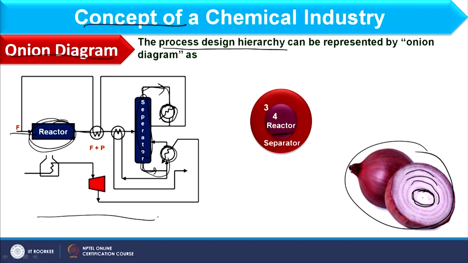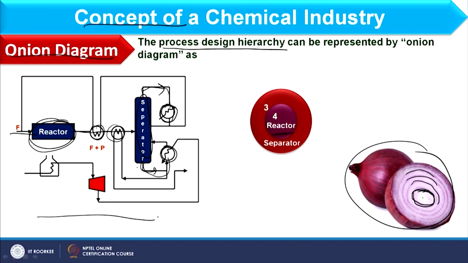The separator may need to accept the feed at a particular condition, so to achieve that condition we need to exchange heat with the product exiting the reactor, and similarly the separator also has heating and cooling requirements.